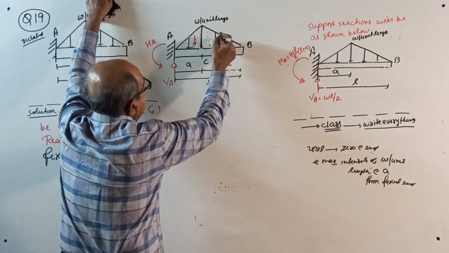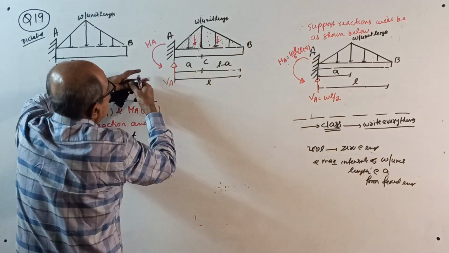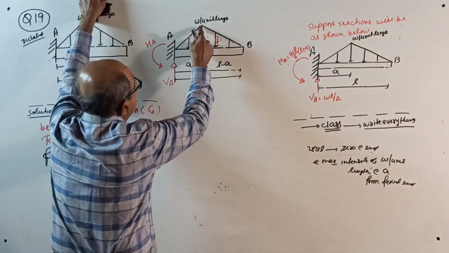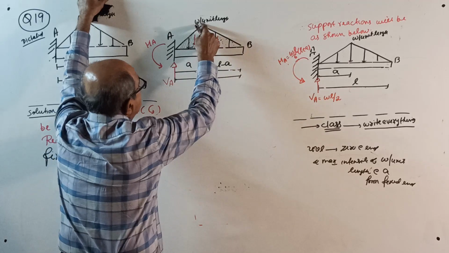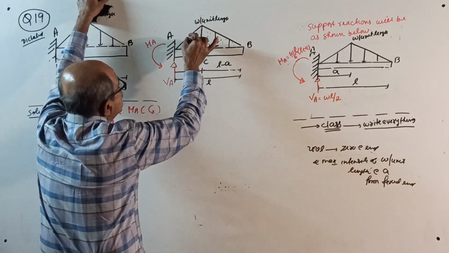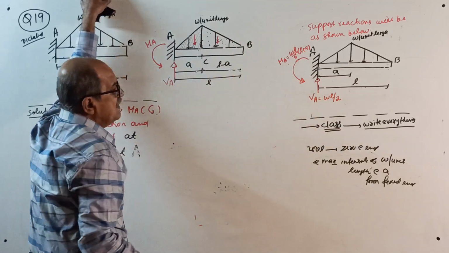For this triangle, it will be somewhere here. This load equals half into A into W. This load is half into L minus A into W. This distance is 2/3 of A. This distance is 1/3 of L minus A.